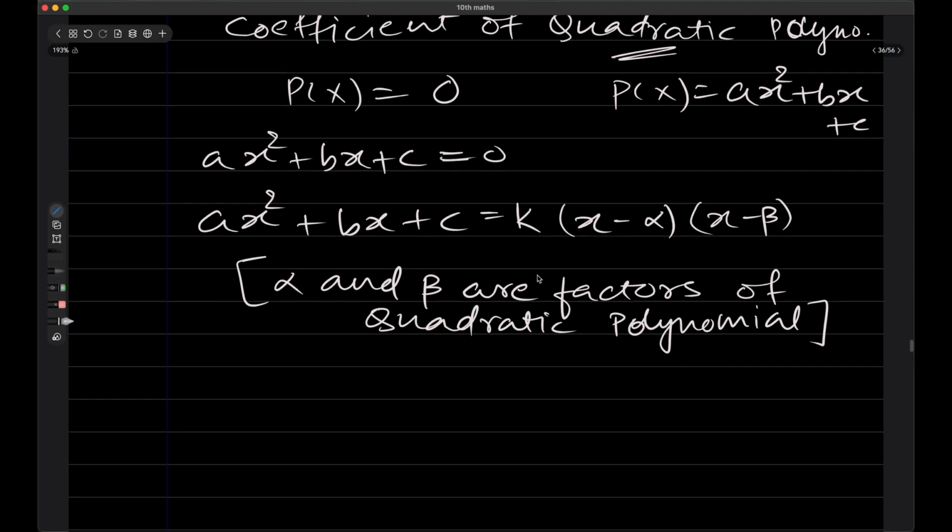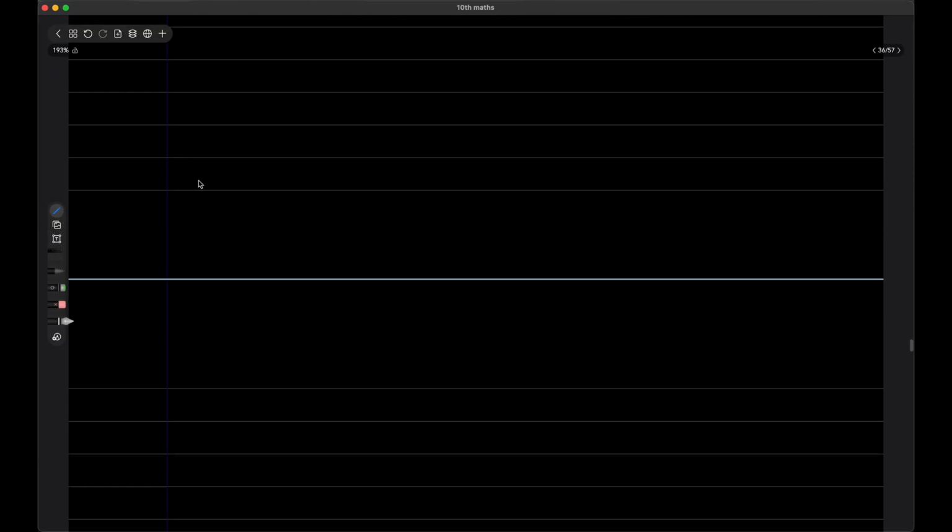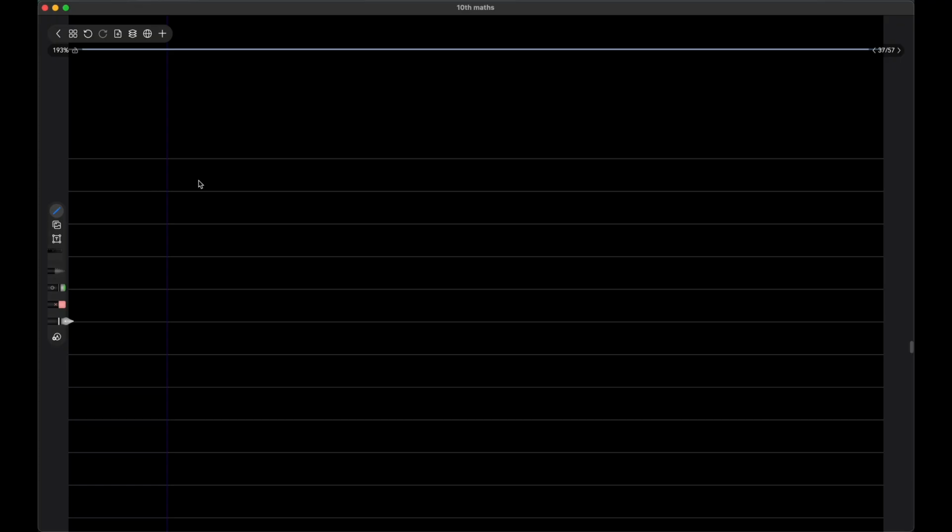Let us understand why I have put this equation. You have already learned how to find the factors of a quadratic polynomial. Let us take one simple example, that is 2x square minus 8x plus 6 is the given quadratic polynomial.